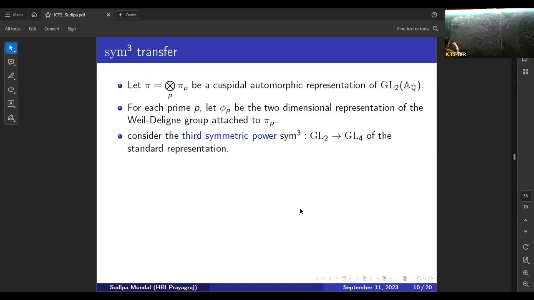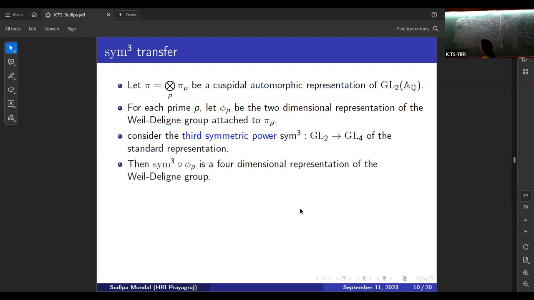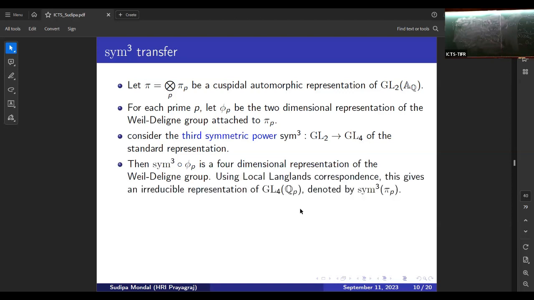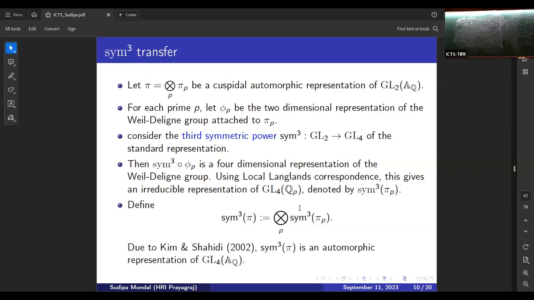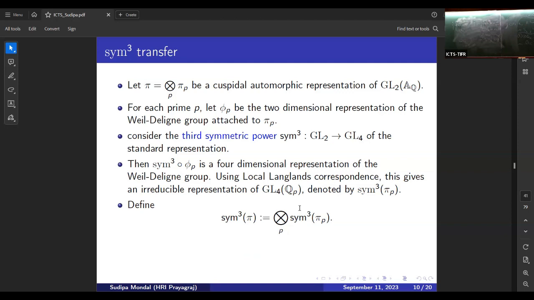So using again the local Langlands correspondence, we get an irreducible admissible representation of GL4(Qp), which is denoted by Sym cube pi p, and then define Sym cube pi as the tensor product of Sym cube pi p. Now, this Sym cube pi is an automorphic representation that was proved by Kim and Shahidi in 2002.